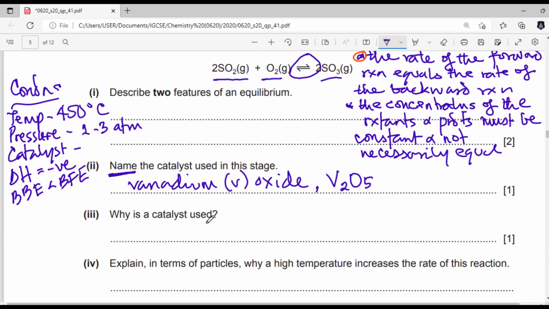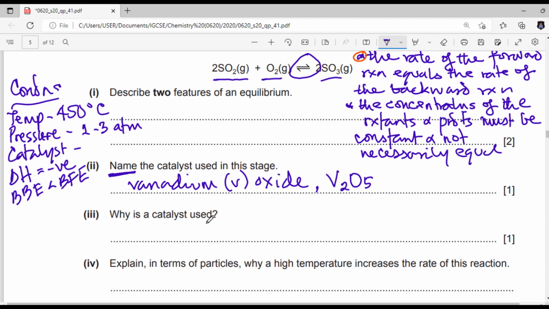Why do we use this catalyst? Now, there are 2 types of catalysts. We have a positive catalyst or a negative catalyst. A positive catalyst increases the rate of the chemical reaction, while a negative catalyst decreases the rate of the chemical reaction. So since this is an industrial process and the whole essence is to increase the yield of the product, we want a positive catalyst to be used.